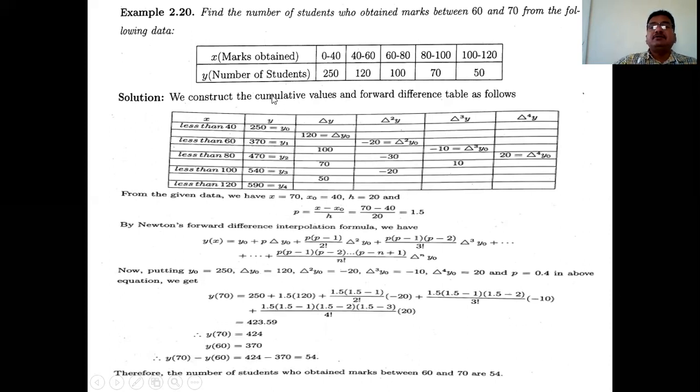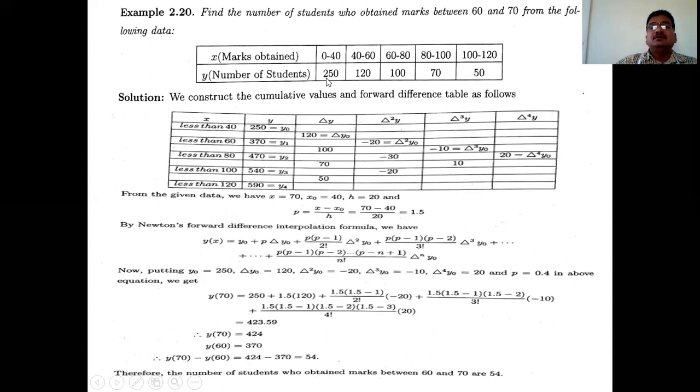So convert this table to this form. The first column, the values of x, is below 40, below 60, below 80, below 100, and below 120. How many students obtain less than 40 marks? 250. How many students obtain less than 60 marks?